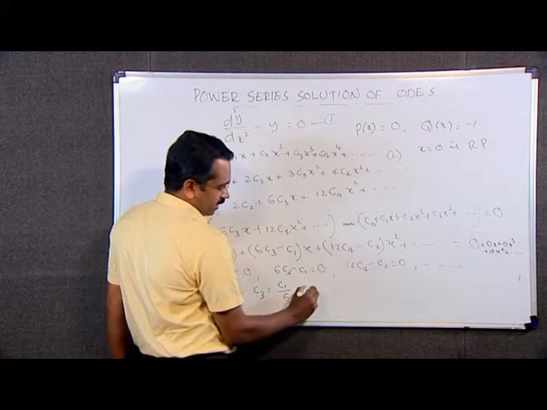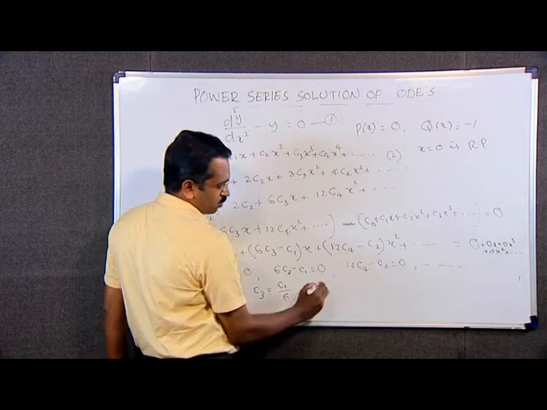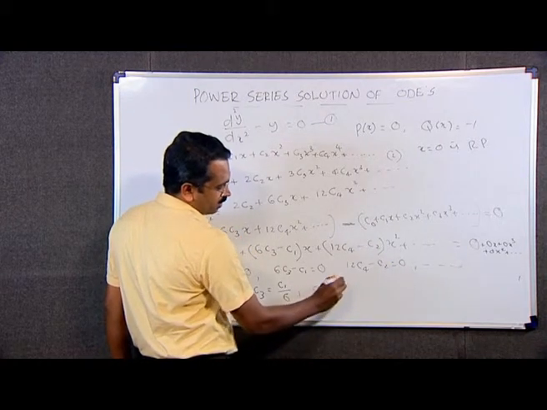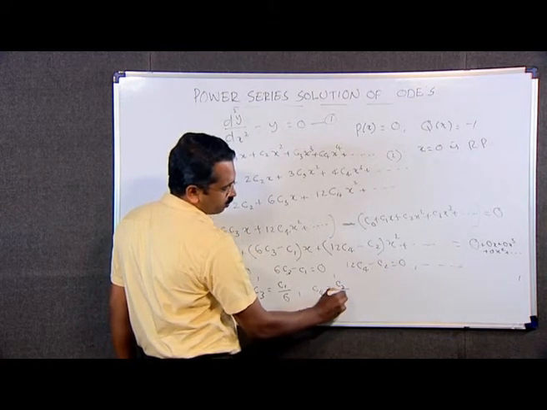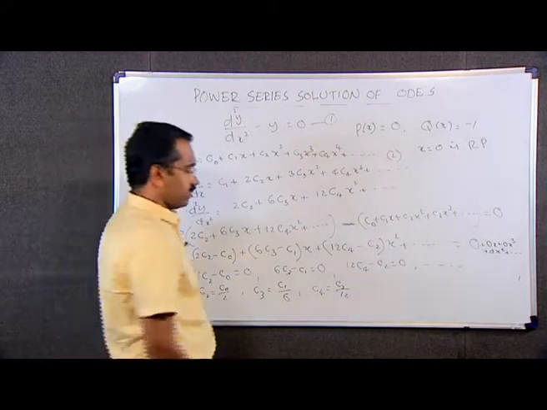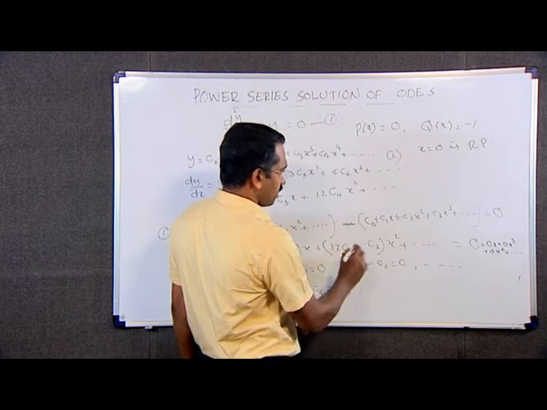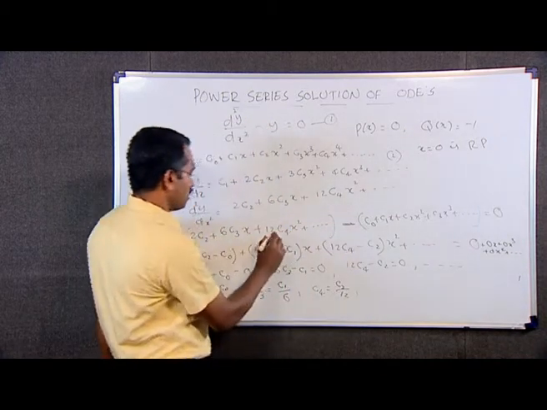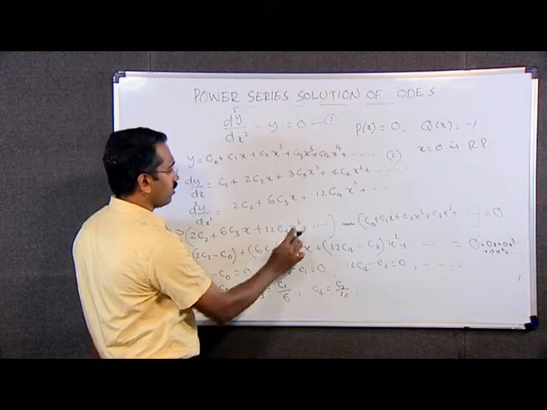From this we can write 12c4 equal to c2, that means c4 is equal to c2 by 12. From the next term means here 12 c4 x square.